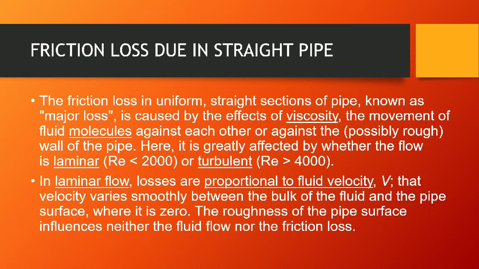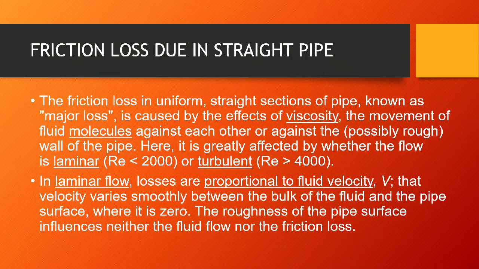Friction loss in straight pipes, the friction loss in a uniform, straight section of pipe, is known as the major loss. It is caused by the effect of viscosity, the movement of the fluid molecules against each other, or against the possibly rough wall of the pipe. Here, it is greatly affected by whether the flow is laminar, when the Reynolds number is less than 2000, or turbulent, when the Reynolds number is greater than 4000.